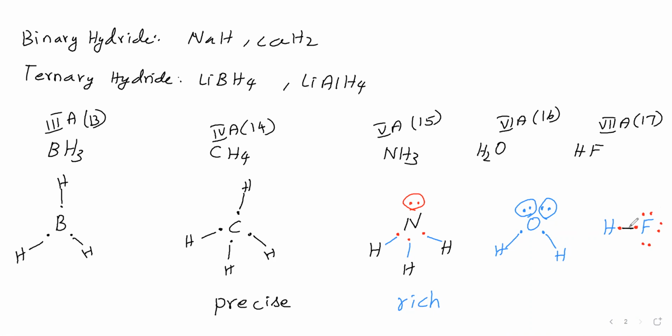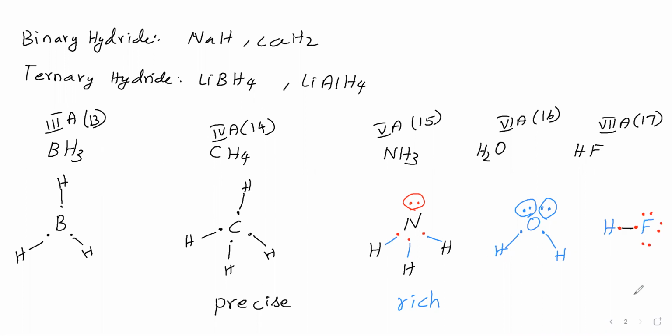Now a single bond is formed here. Now this fluorine still has more electrons in the valence shell, therefore it comes under electron rich hydrides. So groups 15, 16, 17 come under electron rich hydrides. The 14th group comes under electron precise hydride. The 13th group comes under electron deficient hydrides.